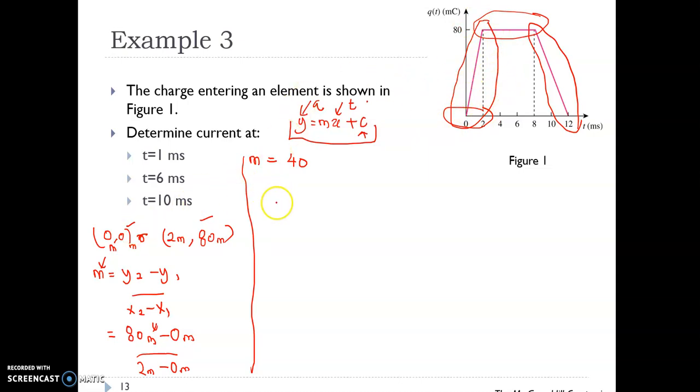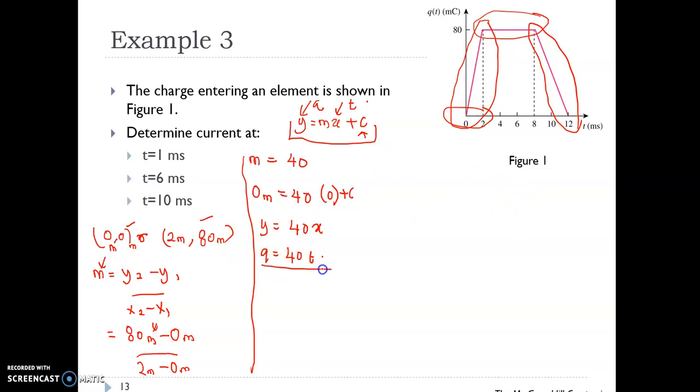So my y is 0, m is the slope 40, x is 0 plus c. So your c is also 0. Therefore, the equation y is equals to 40x plus 0. Or rewriting, because your y is your q, q is equals to 40t.